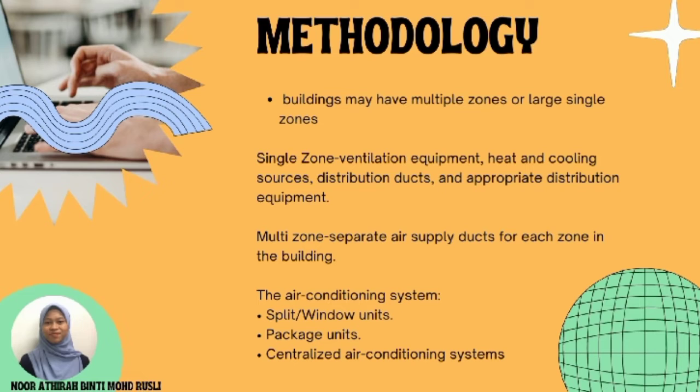The single zone consists of ventilation equipment, heat and cooling sources, distribution duct, and appropriate distribution equipment. The ventilation unit can be fully integrated if the heating and cooling source are available and can be separated if the heating and cooling source are separate. For multi-zone, the air system provides separate air supply ducts for each zone in the building.